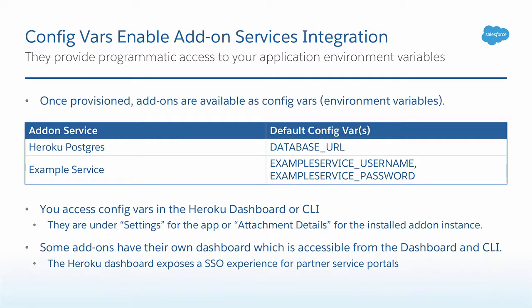So as we discussed, once provisioned, add-ons are available as config vars on Heroku. A config var provides your application with the information on how to access that service. Because add-ons have access to config vars within your application, they can change them in some cases at any time. So if there's an error on a service, if an add-on provider has a failure in their infrastructure and they need to switch over services, they can update your config var.